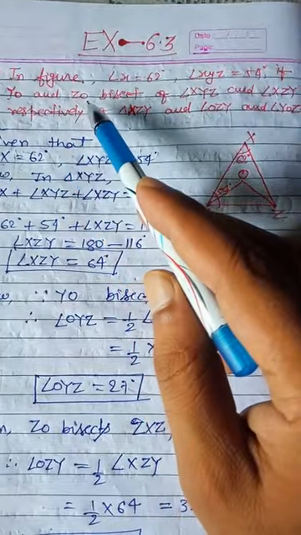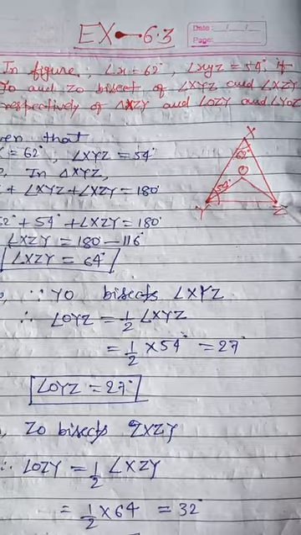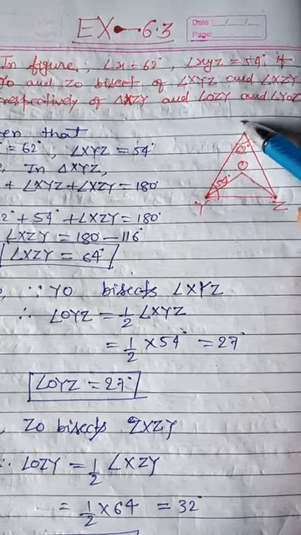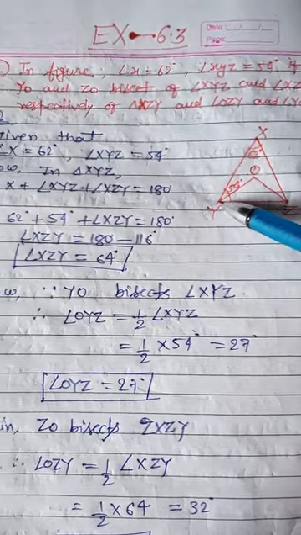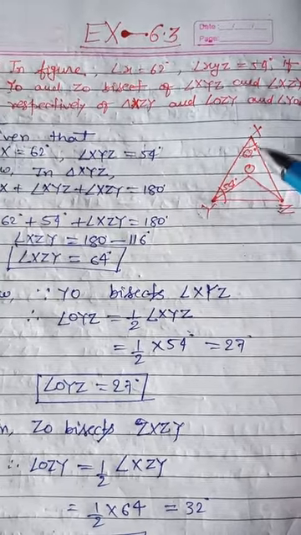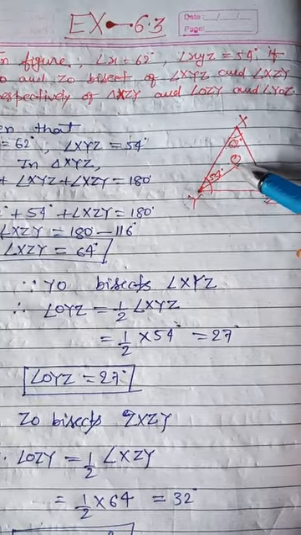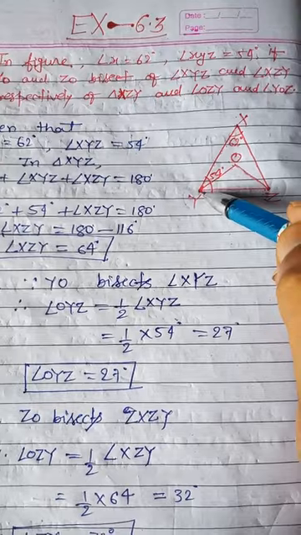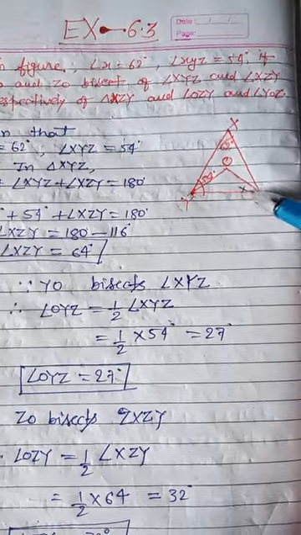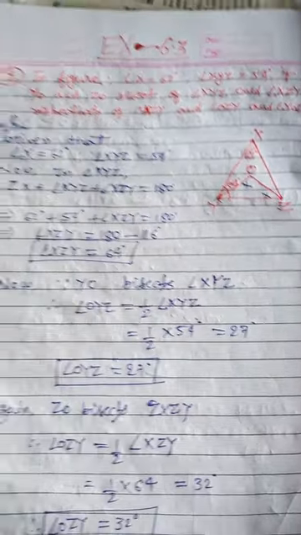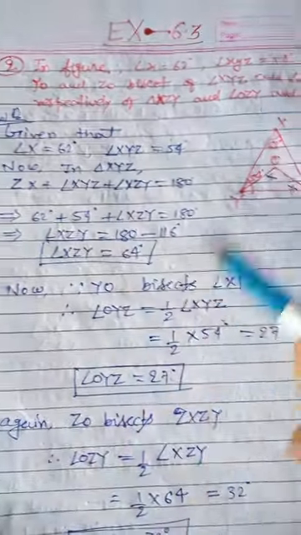If YO and ZO bisect angle XYZ as well as angle XZY, then find angle OZY and angle YOZ. So we have to find this angle and this angle. So this is given.